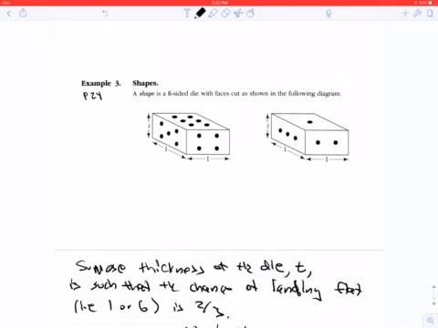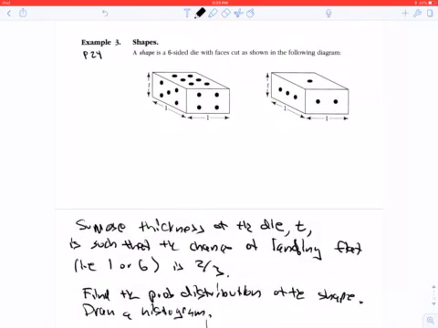As another example, consider a die with a shape such that its width is this variable t, and so suppose the thickness of the die t is such that the chance of landing flat is either 2/3.